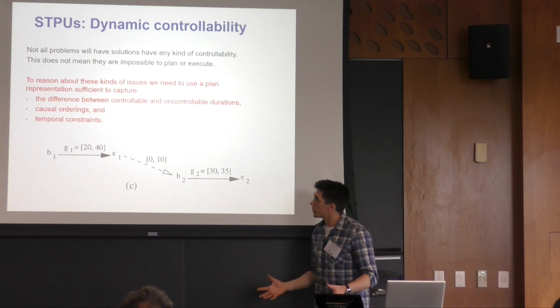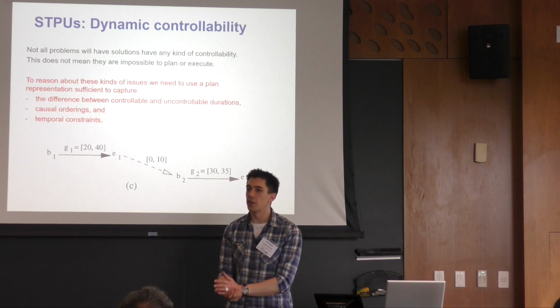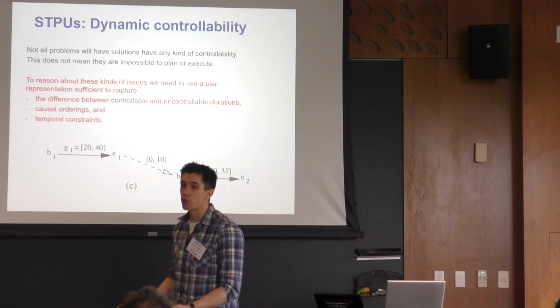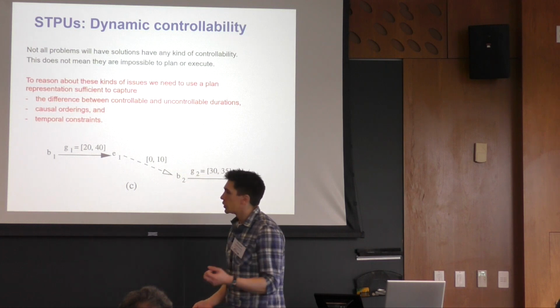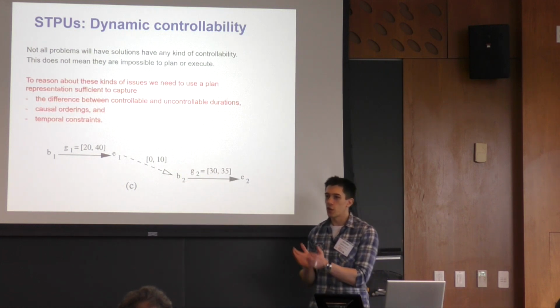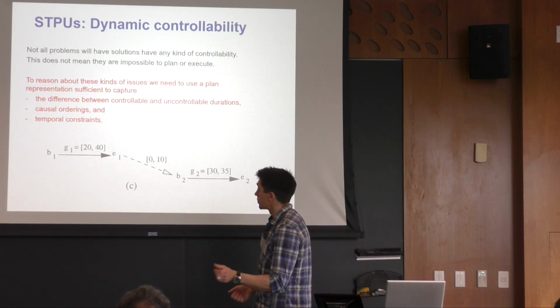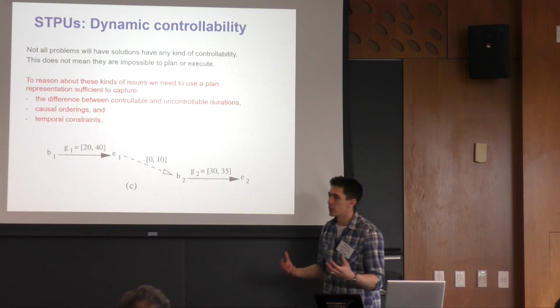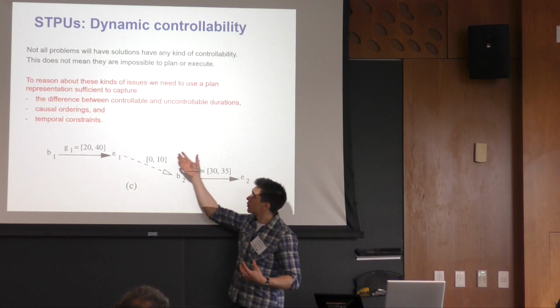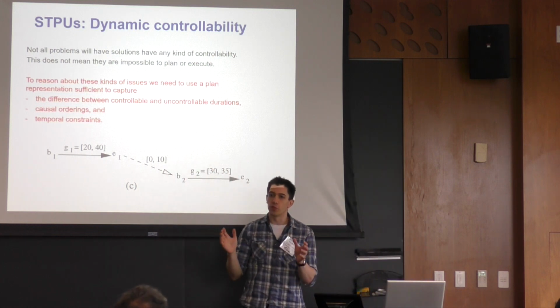The summary of this is that in order to even reason about these kinds of issues and to say that plans have these kinds of properties and then exploit these properties during execution, we need a plan representation that's more complex than a simple sequential ordering of actions with estimated dispatch times. We need a plan representation that can talk about controllable and uncontrollable durations of actions.